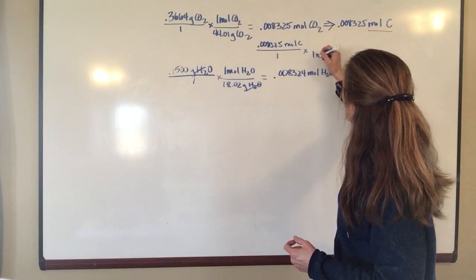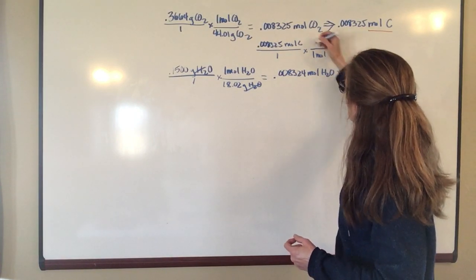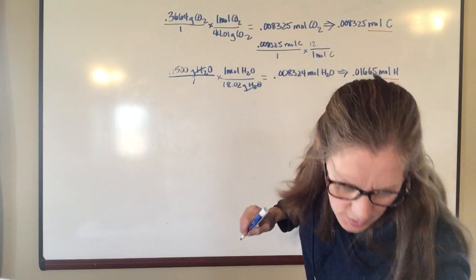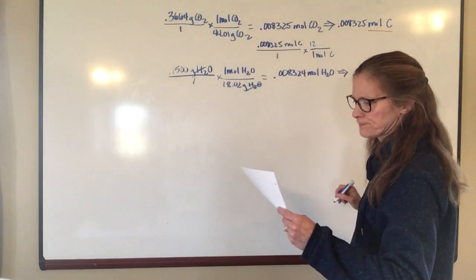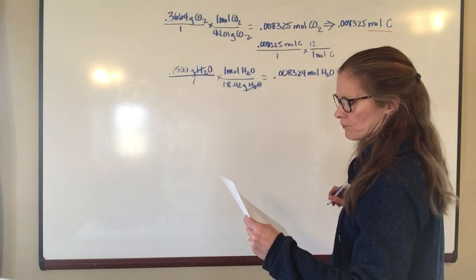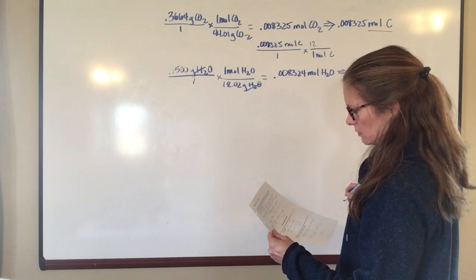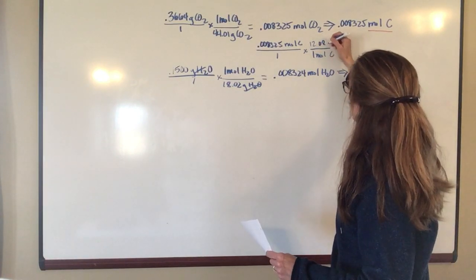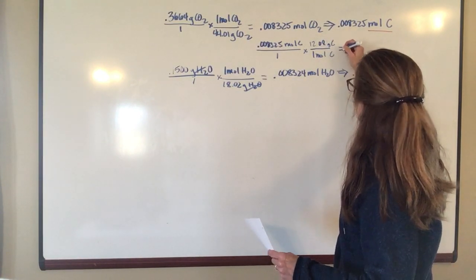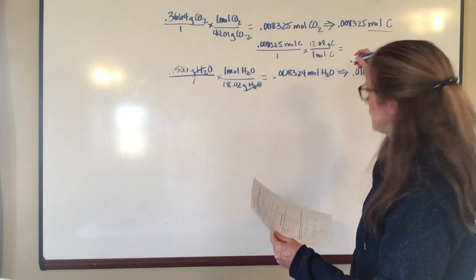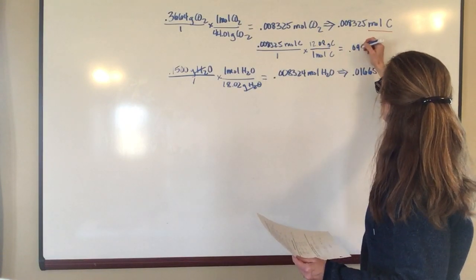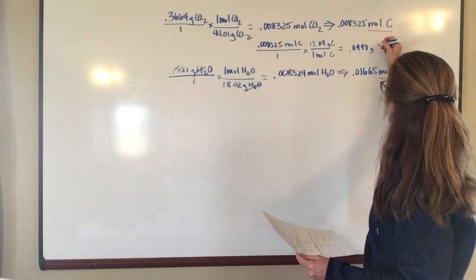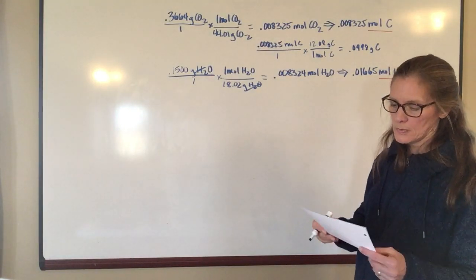So in 1 mole of carbon, there's 12.01, I believe, grams of carbon. And so that's going to give me 0.0998 grams of carbon. Okay?